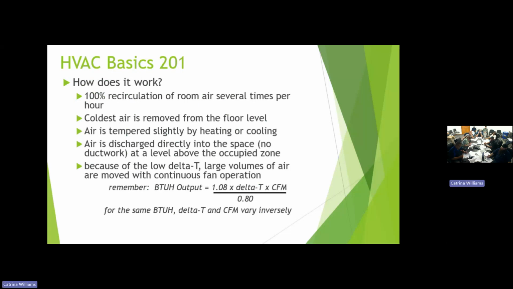It's direct current, directly into the space, no ductwork, and it's well above the occupied zone. Because of the low delta T, we have large volumes of air, and this is our formula again, but now instead of the 0.92 we used on direct fired, it's a 0.8, because the heaters are 80% efficient.